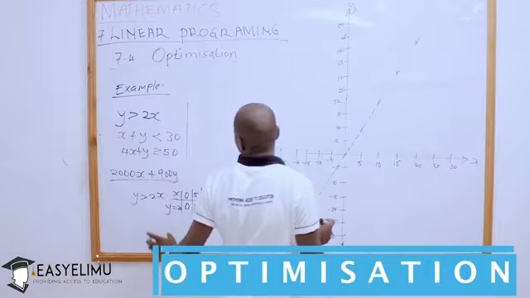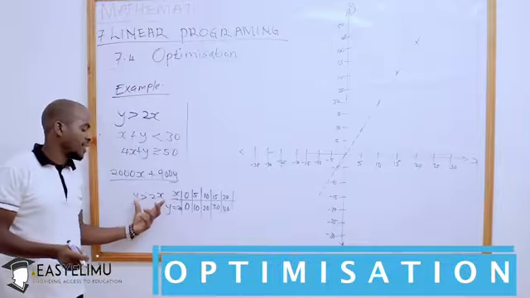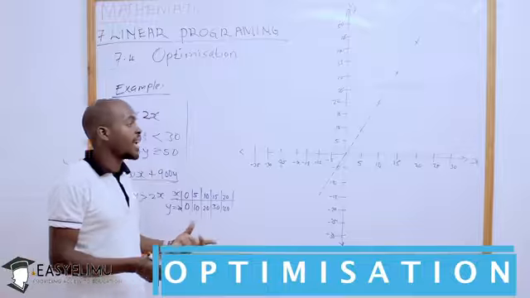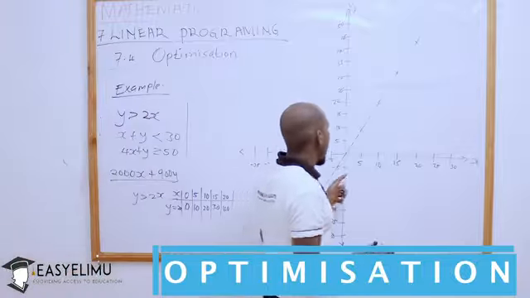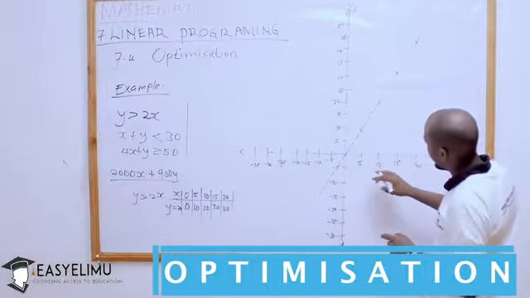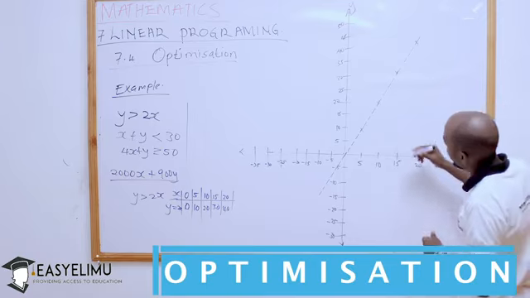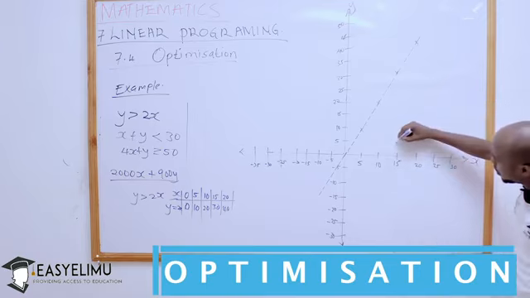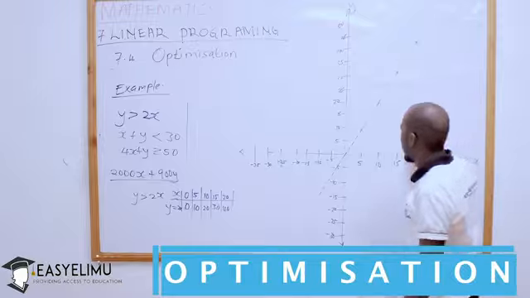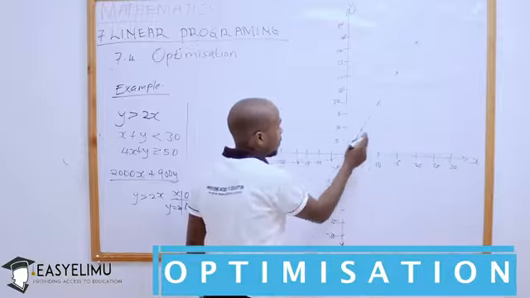To identify which side is y greater than 2x, you select any point. For example, I may select a point on this side, here, and I may say this one is 15, 5.